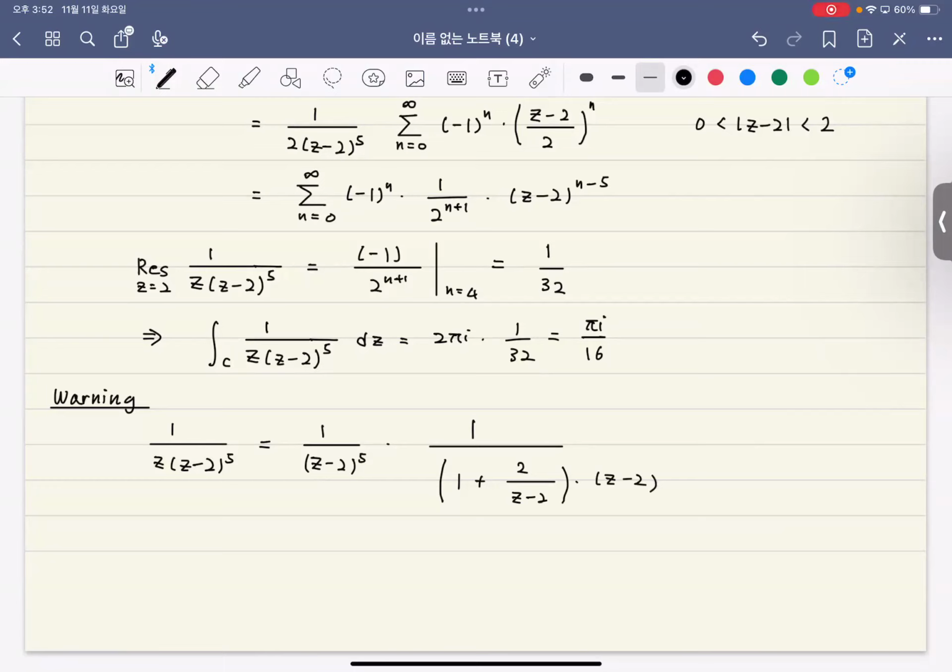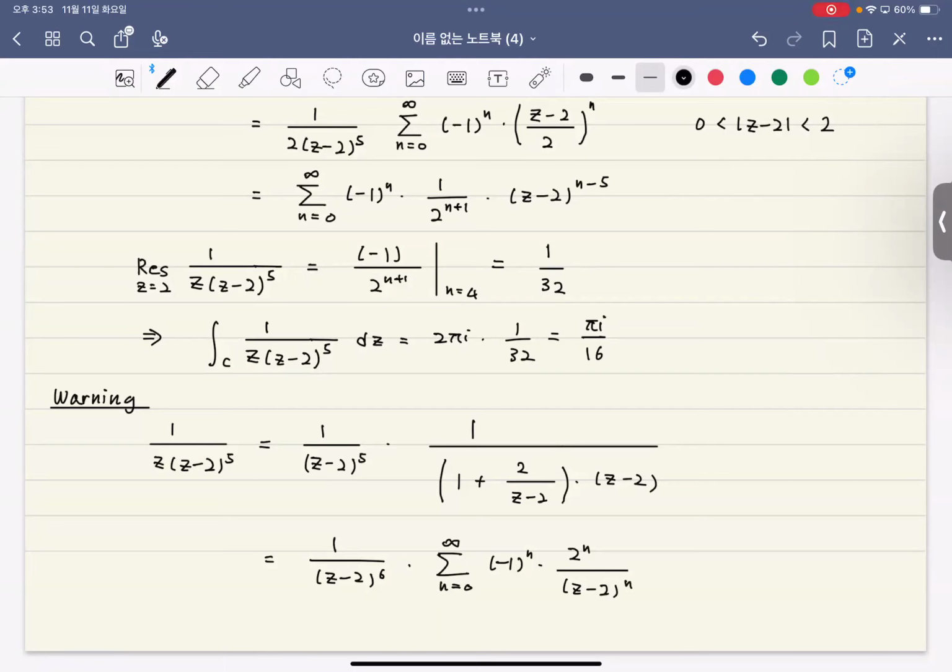Am I right? Yeah, so this is z minus 2. Then this is 1 over z minus 2 to the 6, times the sum from 0 to infinity of minus 1 and 2 to the n over z minus 2 to the n.